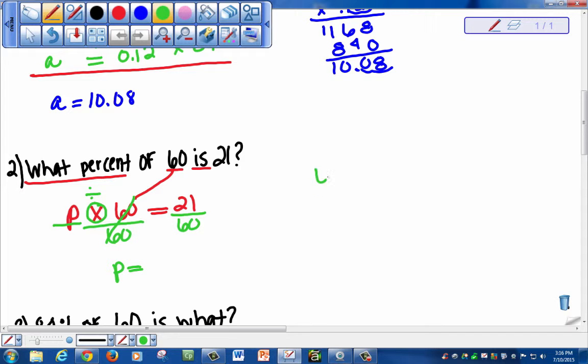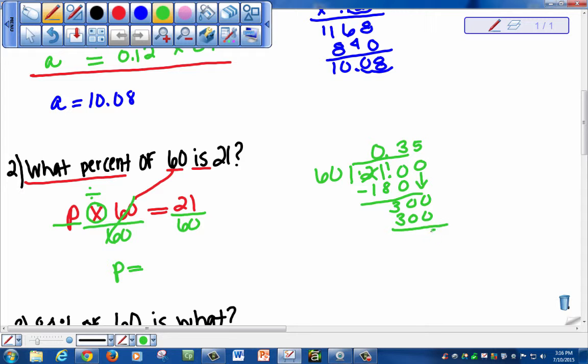So we're gonna divide quickly here on the side. 60 goes into 21. Since it doesn't go any times, we're gonna add a 0. Now 60 goes into 210 3 times, which gives us 180. We subtract. We add another 0, bring it down, and this is gonna be 5, which is 300, and we're back to 0.